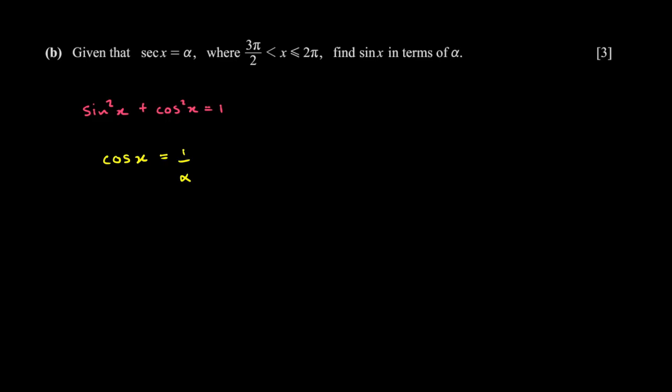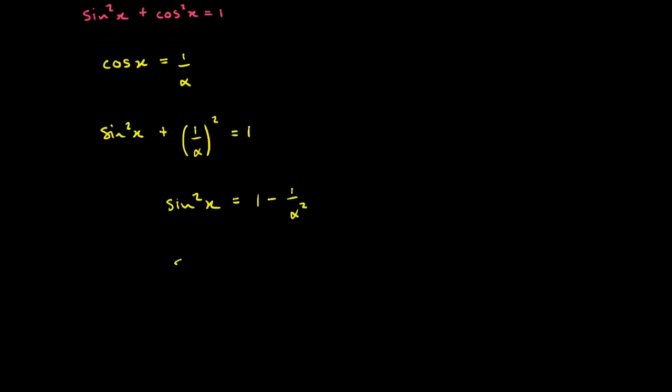So if I then substitute this into the identity, I've got sine squared x plus cos squared, which is 1 upon alpha squared, is equal to 1. And therefore sine squared x is equal to 1 minus 1 upon alpha squared. And that means that sine x is equal to the square root of 1 minus 1 upon alpha squared.